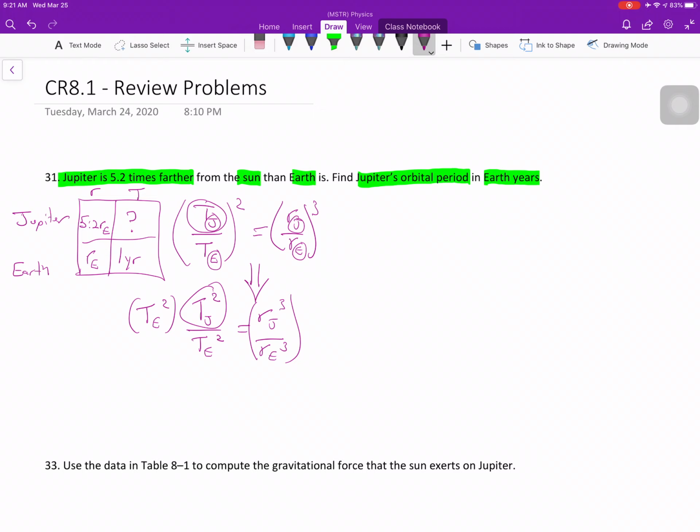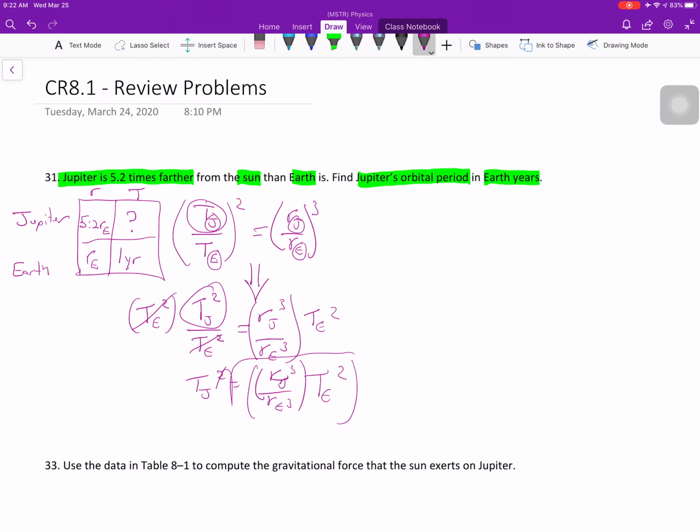Keep this in the parentheses, TE squared. And now we have the period of Jupiter squared equals the quantity of radius of Jupiter over the radius of Earth, both cubed, times the period of Earth squared. And just remember, all in the end, if we want to reduce this down, we have to square root everything.